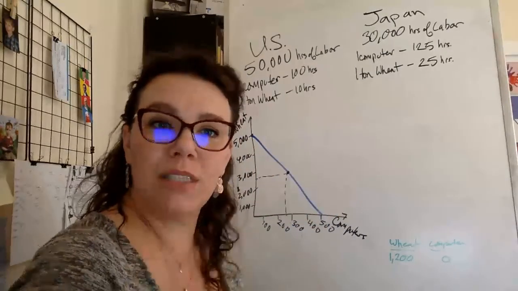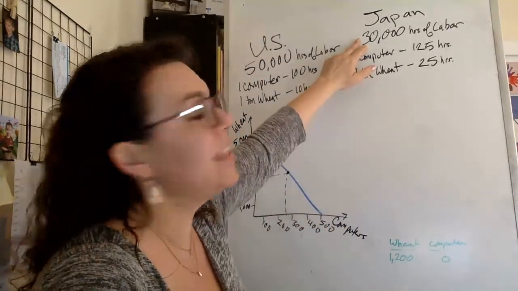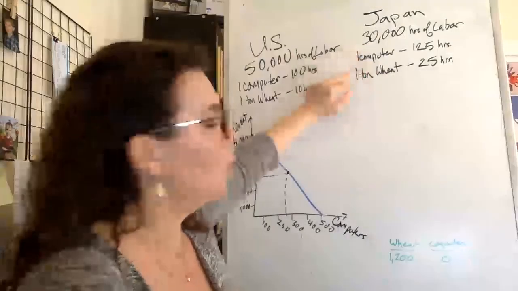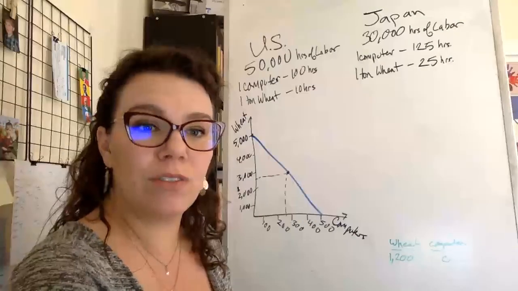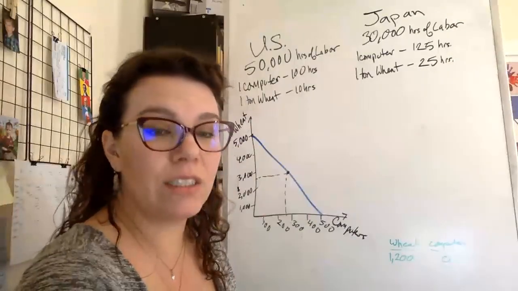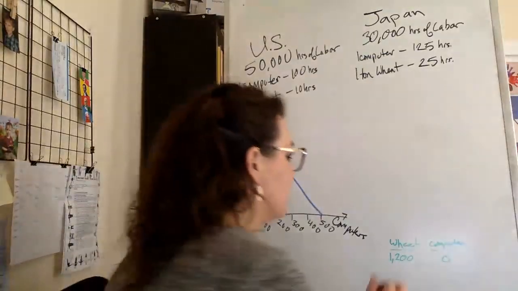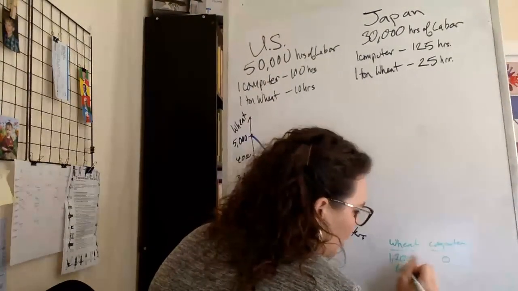If we split and use 15,000 hours of labor to make wheat, that 15,000 hours of labor divided by the 25 hours it takes to make a ton of wheat would give us 600 tons of wheat.